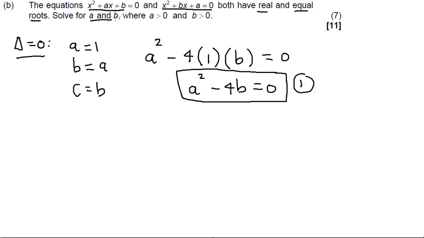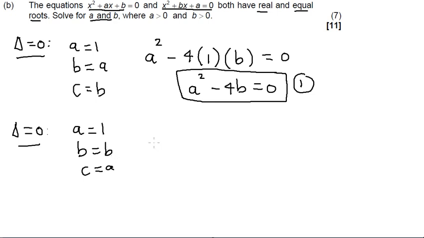And then similarly, for the second quadratic, again we're going to set delta to be equal to 0 since the roots are equal. Here a is also equal to 1, b is equal to b, and c is equal to a.